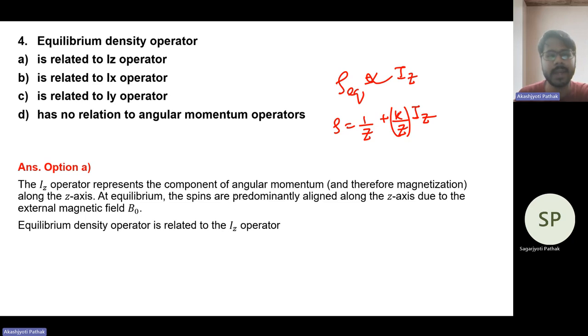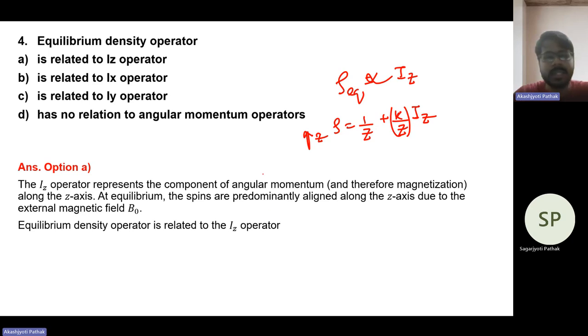The net magnetization in the z direction of all the nuclear spins gets aligned along the z-axis because the number of spins in the alpha state is greater. So we get a net magnetization in the z direction at equilibrium, and so the equilibrium density operator is related to the Iz operator.